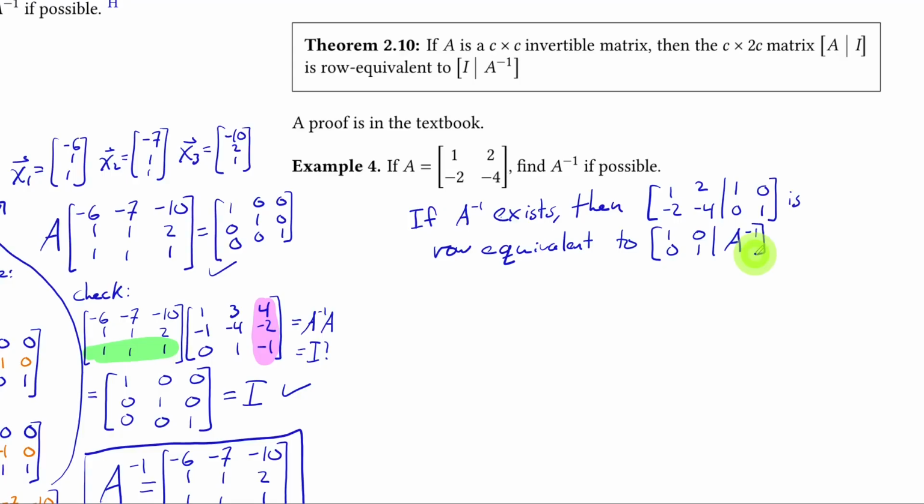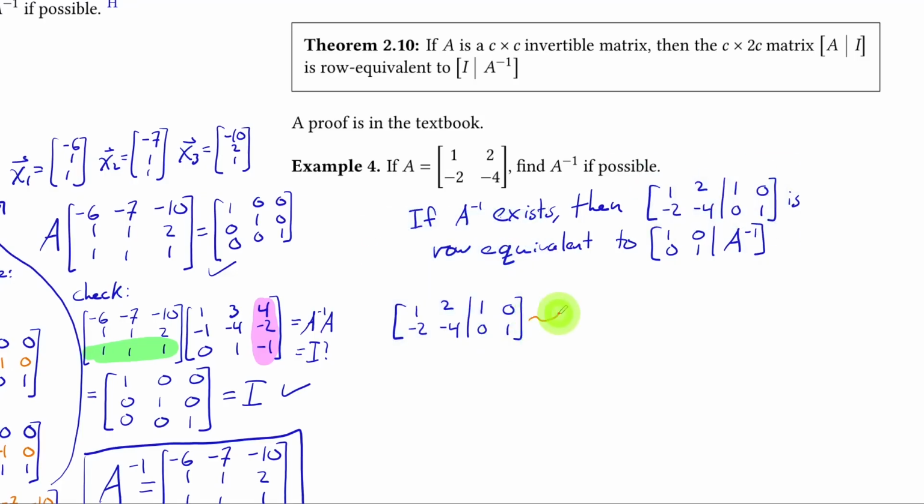So let's see what happens if we row reduce this. Well, we want to get rid of this -2 here to get this to reduced echelon form. And so we're going to do row 1 multiplied by 2, add that to row 2 to replace row 2. And what you get is 0, 0.